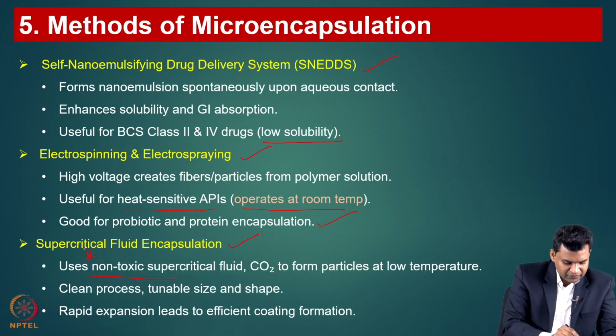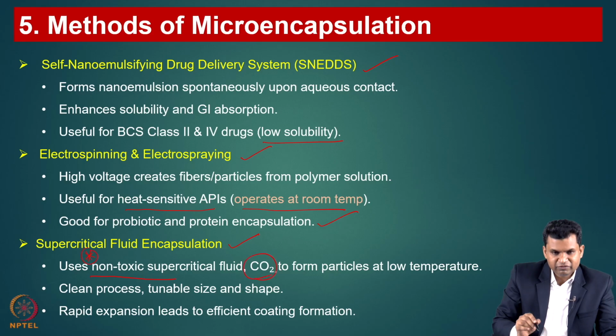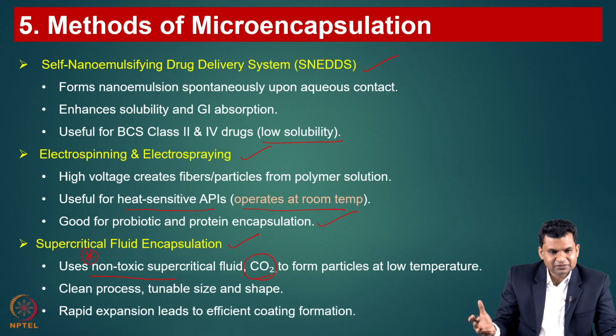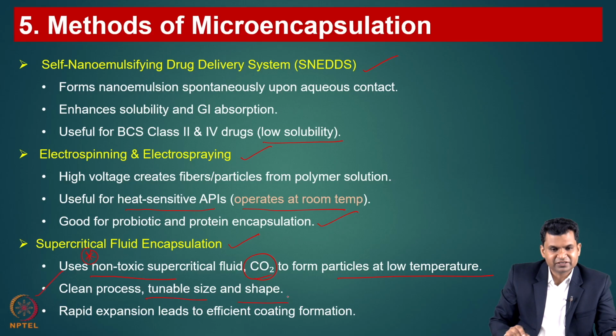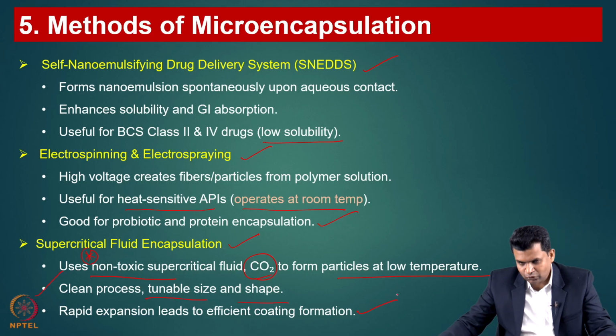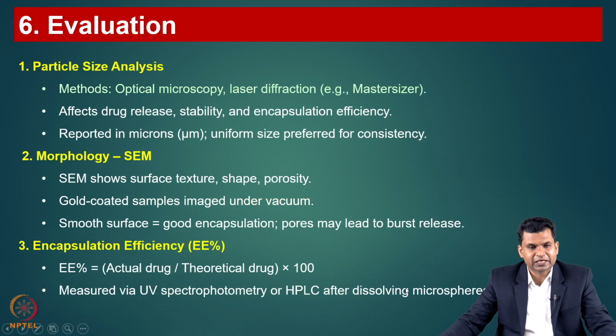With that, CO2 will work as a solvent, and it is non-toxic in nature. With that, we can produce microcapsules at low temperature. This is a very clean process and green technology, with tunable size, and we can make various types of shapes also. So, this will give an efficient coating in the microcapsules.